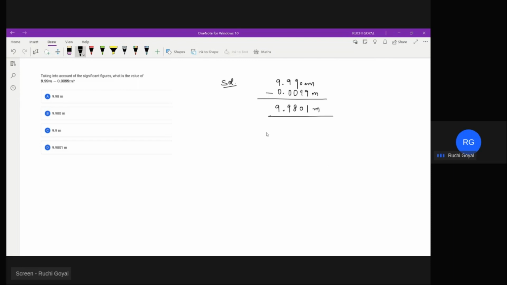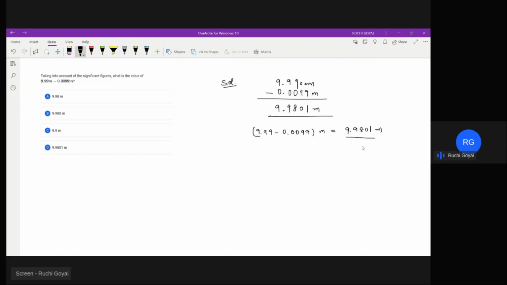So when we subtract 0.0099 from 9.99, what is left is 9.9801 meter. This value is left after subtracting.